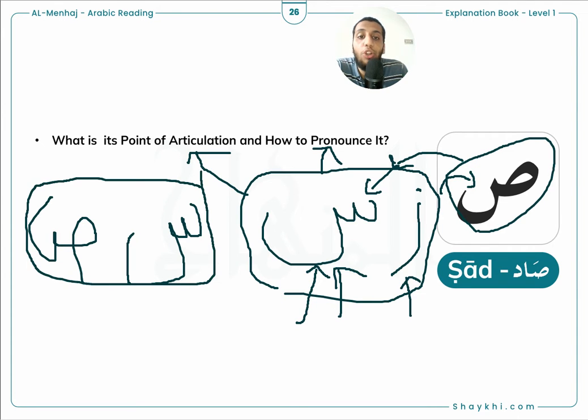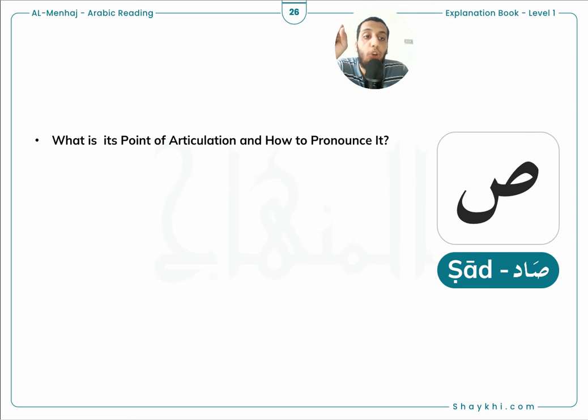To understand this point, we have to ask the next question, which is whether Sad is a heavy or light letter, which means the back of the tongue will be raised or not. If it's raised, it will be heavy. If it's not raised, it will be light.